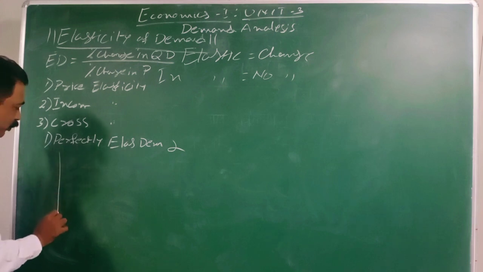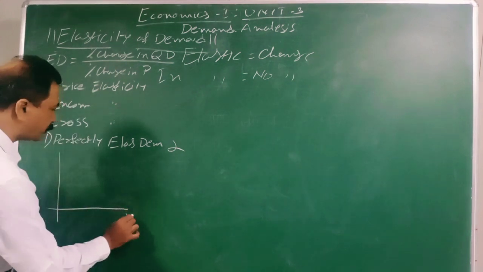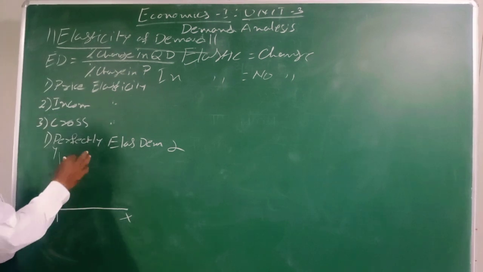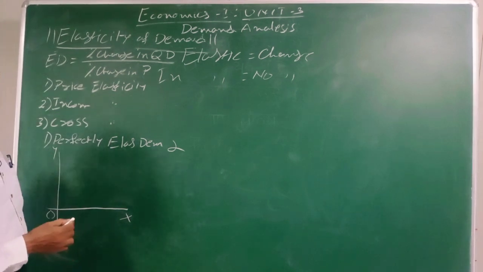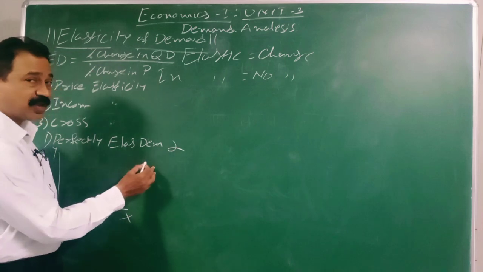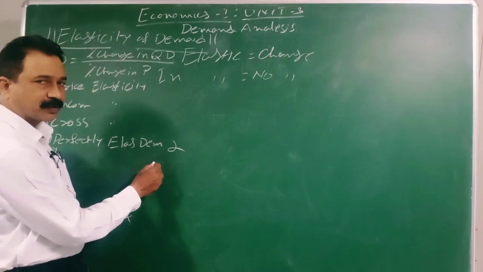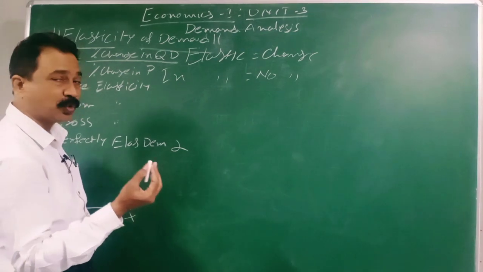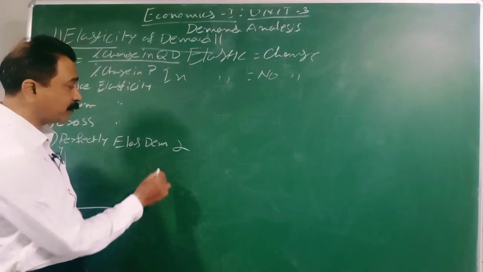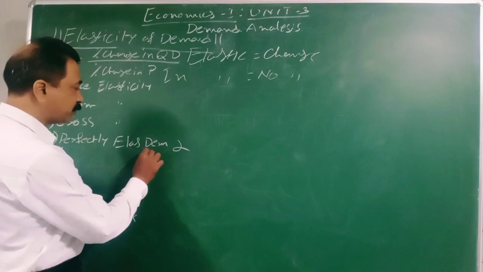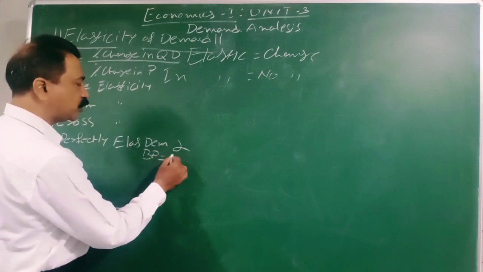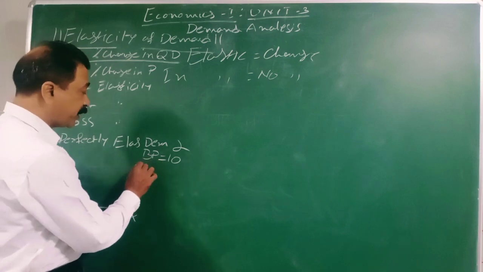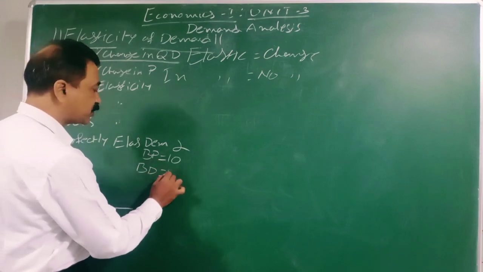Here I am going to show you the graph. The graphical change here, let us say the change in the price. And for that change in the price and change in the quantity demanded, we need to first understand the prices. Basic price is equal to, let us say, 10 rupees, and basic demand was 100.